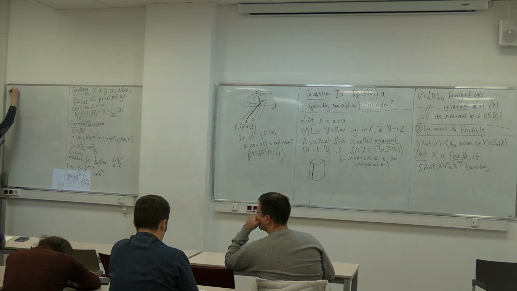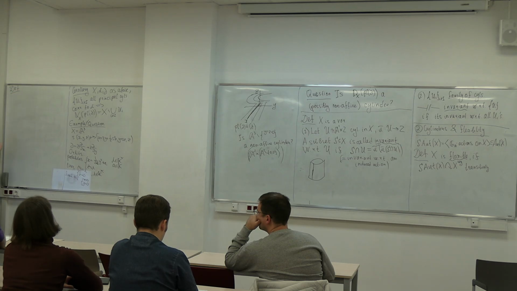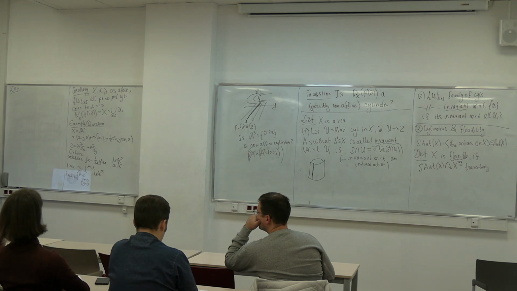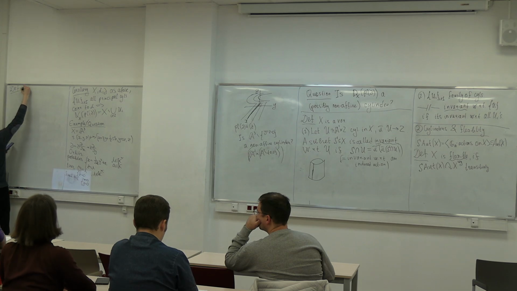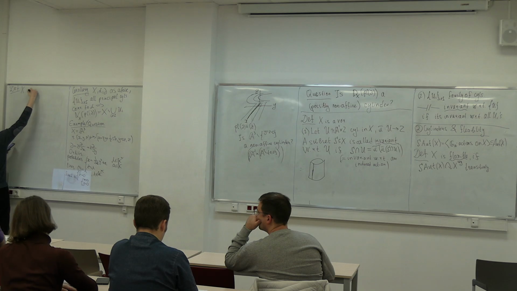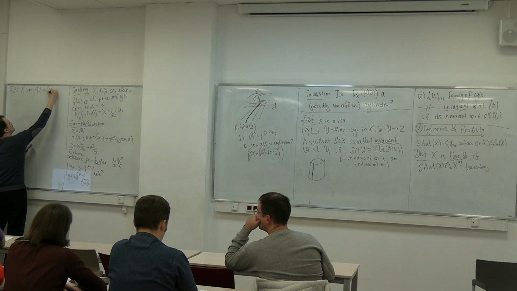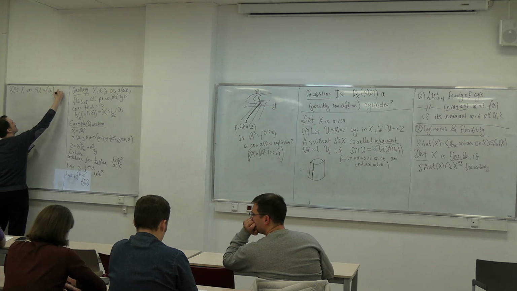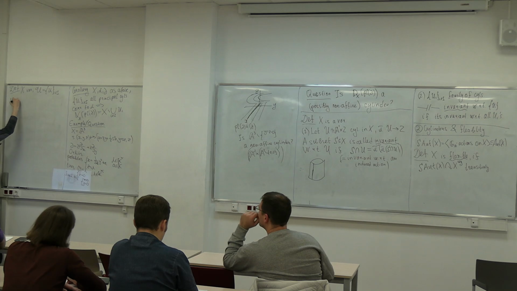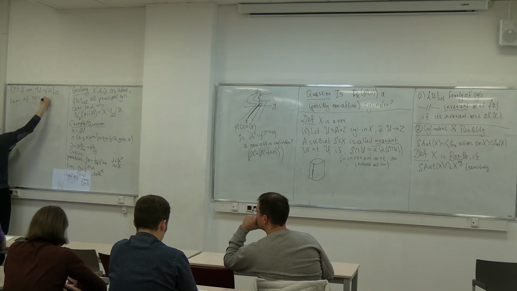So, yet another definition. X is a variety, and calligraphic U is a family of cylinders U_i in X.